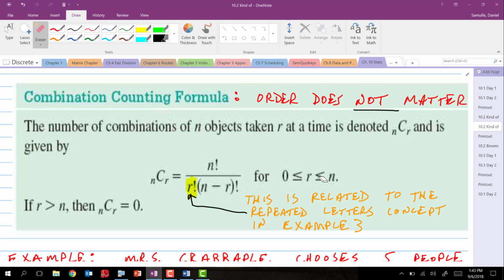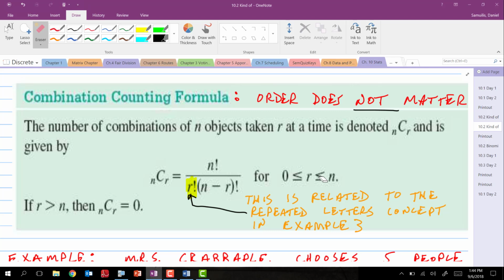And that r factorial is related to the repeating letters concept in a way. Because what that does is take the repetition out of a scenario where order doesn't matter. Bumblebee, when I switch the order of those bees, it doesn't matter because it ends up being the same word.